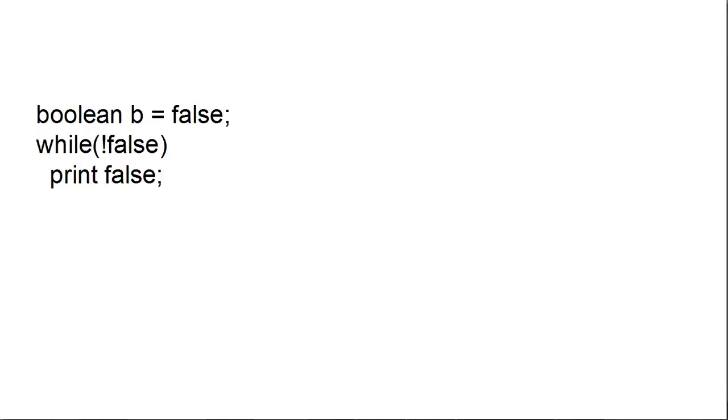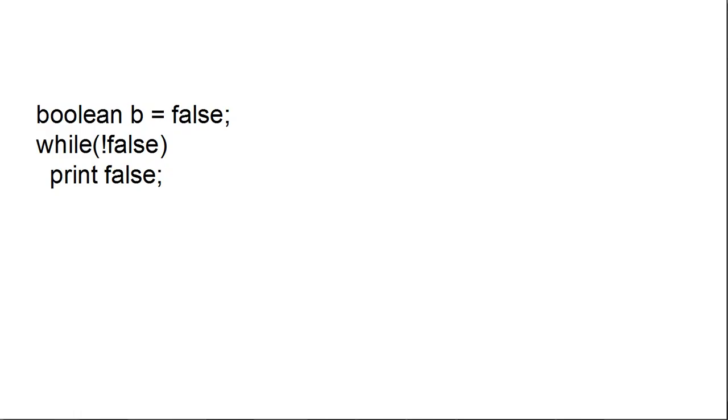Instead of int, we could create a variable of the type boolean or bool, language dependent. Boolean can be either true or false. 1 stands for true and 0 for false in computer science. The language C interprets any other value than 0 as true. boolean b equals false, while !b, print false.